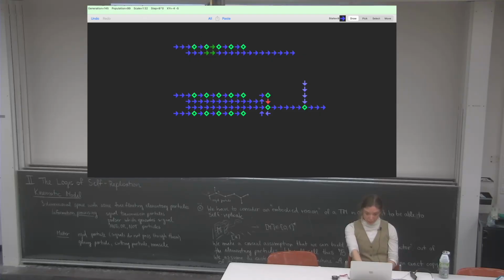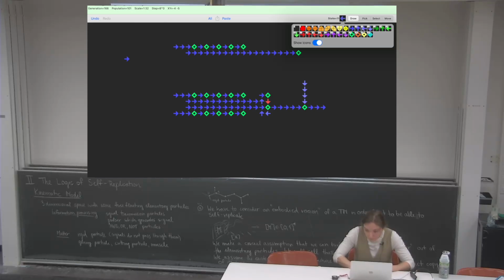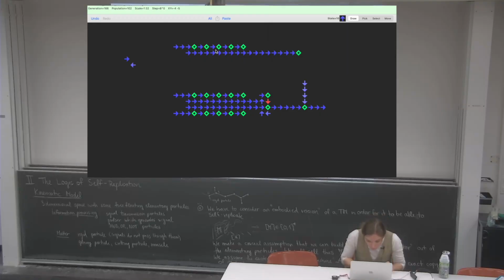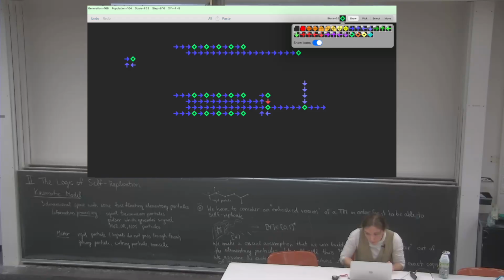The second building block is this little whirl, which is essentially something like a clock. Good.